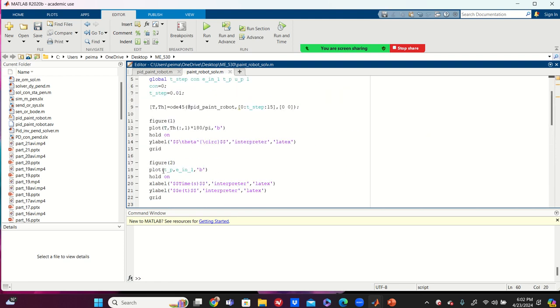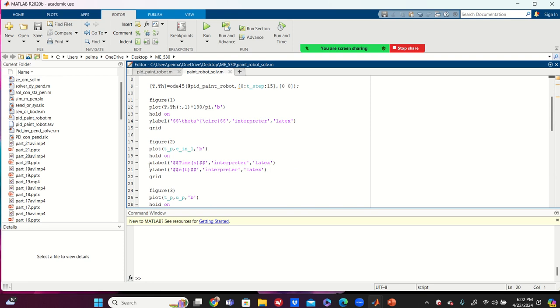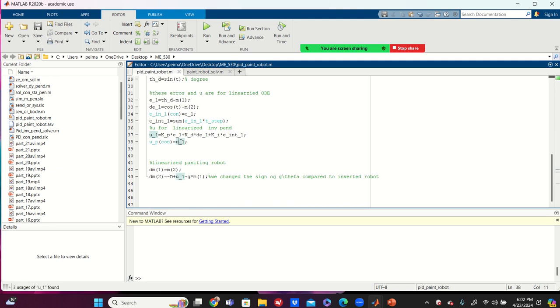Why did I remove this? Oh, I see that now. And I want to change this. Yeah, 54. Okay. So now the base is moving and everything can be done like that.